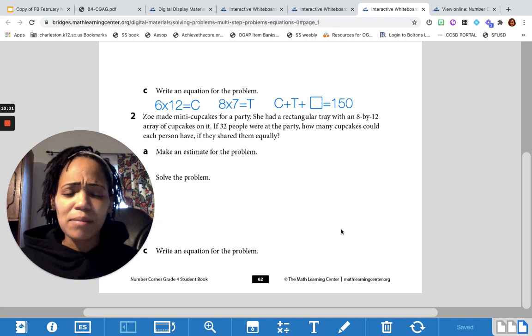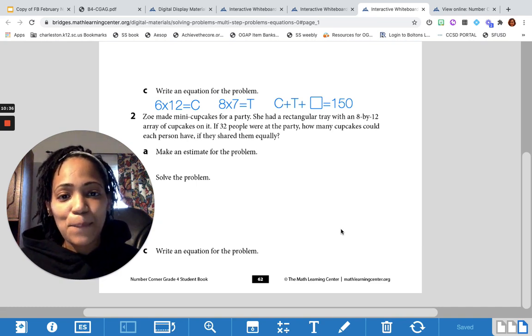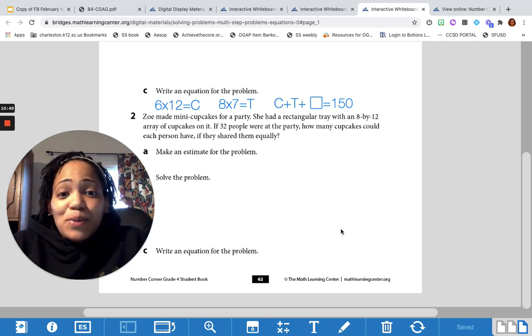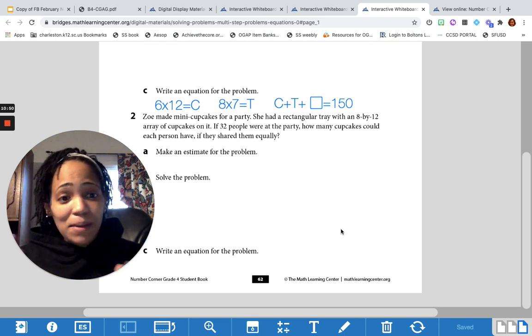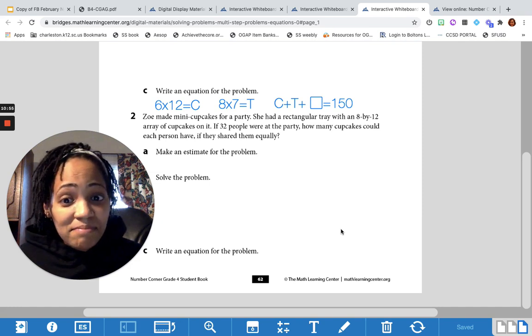Go ahead and say that problem in your own words, or restate it to make sure you understand what's happening. All right, so we got 32 people at a party. She has a cupcake tray that's an 8 by 12. How many can each person get, right?